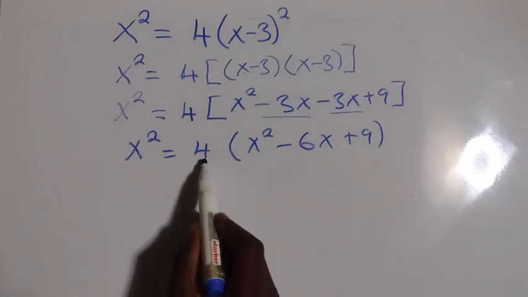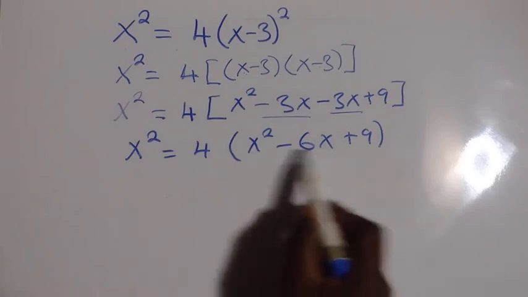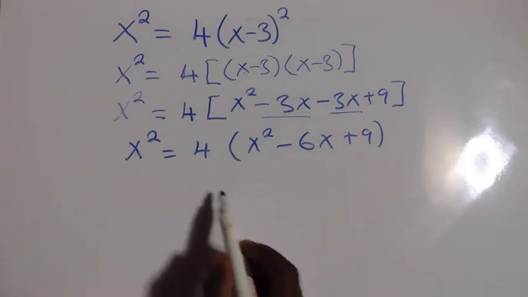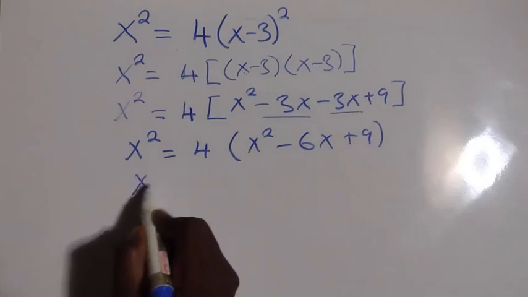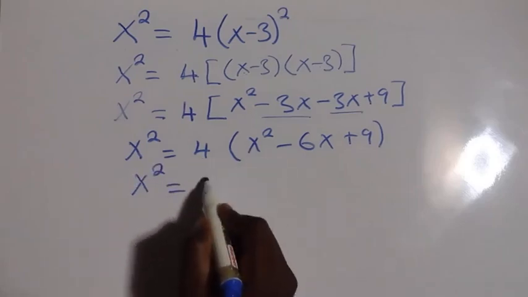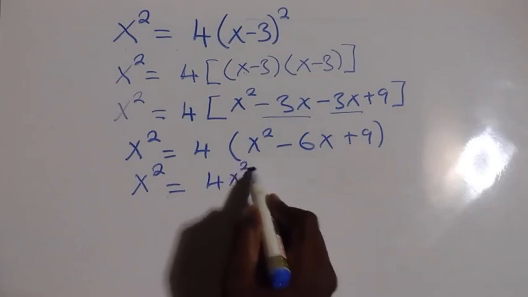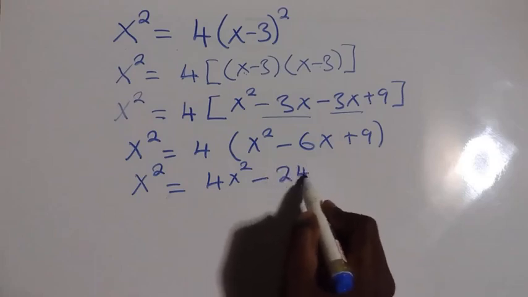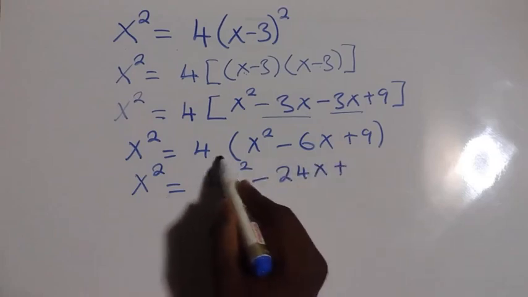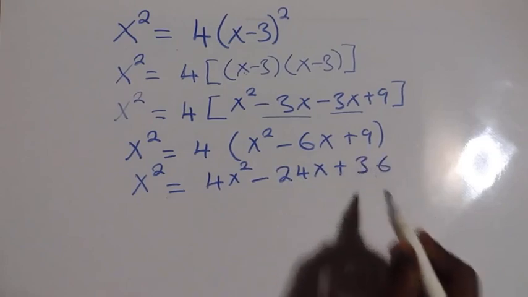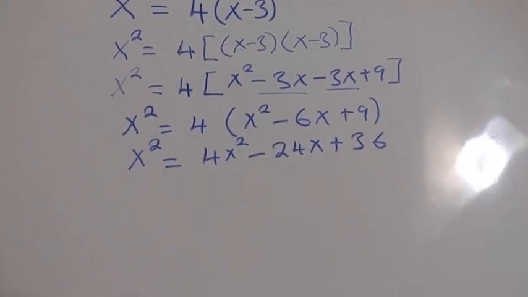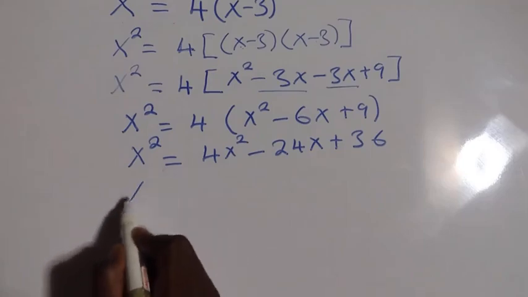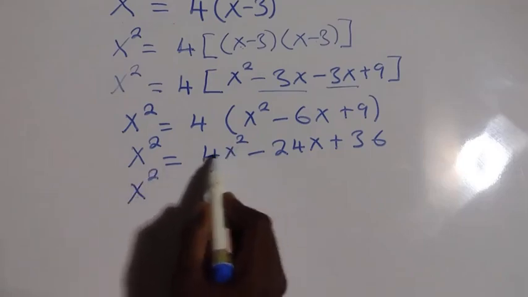Then from here, there is a 4 here. So this 4 can multiply each and every term inside. So we are going to have x squared is equal to 4 times x squared is 4x squared, 4 times negative 6 will be negative 24x, plus 4 times 9, it's 36. Then from here, we can write x squared. So this 4x squared will come this side.